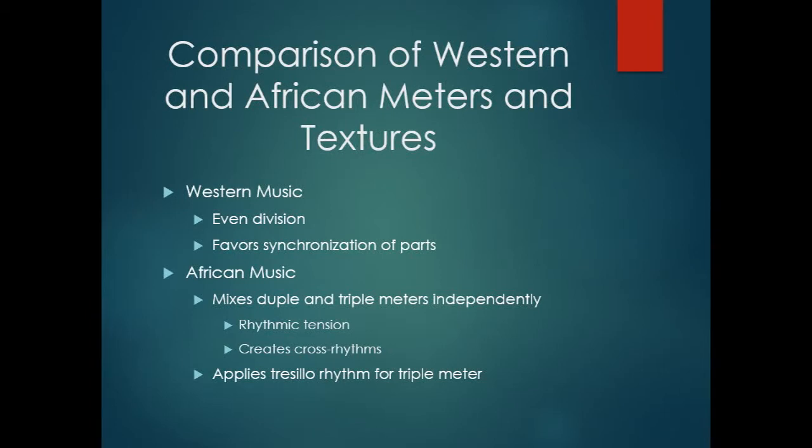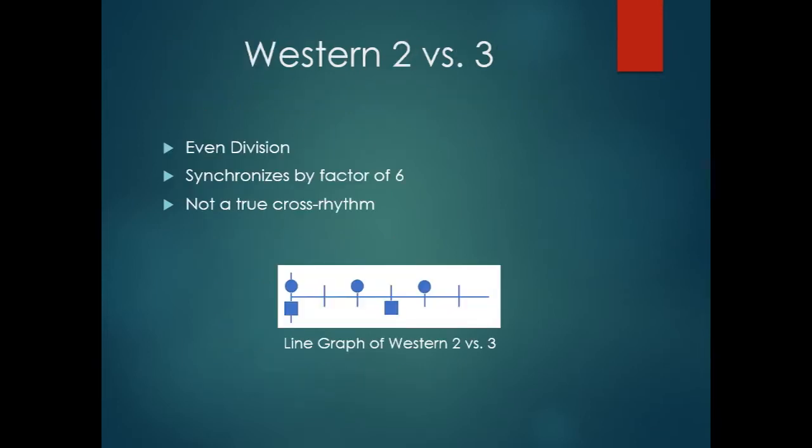So as a way to explain this difference, if we look at the different ways that 2 versus 3 is done, in the Western way, 2 versus 3 is called a hemiola. It's not actually a true cross rhythm because with even division, 2 versus 3 will synchronize by a division of 6.